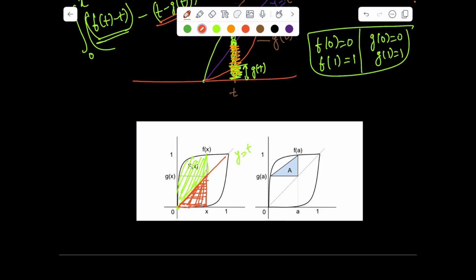now you can clearly see, out of this hashed area, we have to take this green area minus this reddish area. Now this red area, this chunk, is exactly the same as this chunk because of the symmetry about y equal to x.